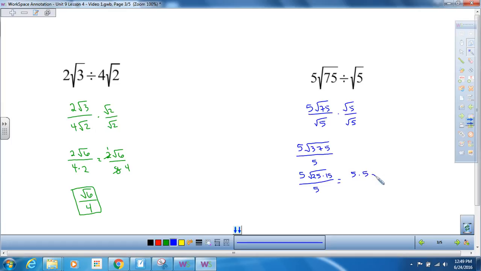So the square root of 25 is 5, so that can come out. 5 times 5 is 25. And now I can reduce these, so I end up with just 5 square root of 15 over 1, and when 1 is in the denominator, you don't have to put it. Okay?